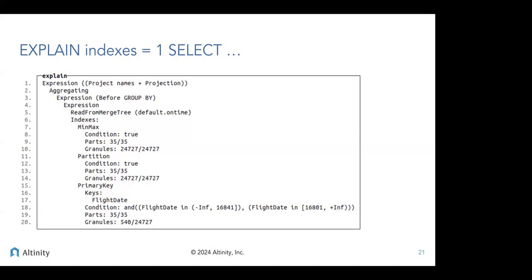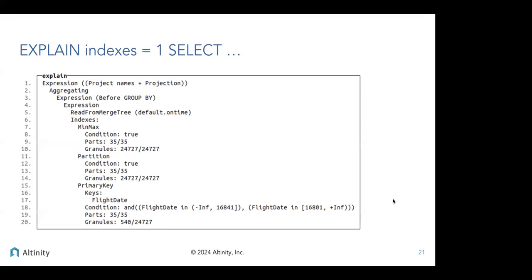So here, for example, there is a condition on the flights table, and a condition on the flight date. Based on that condition, ClickHouse was able to extract 540 granules out of 24,000. So the condition by the flight date worked well.